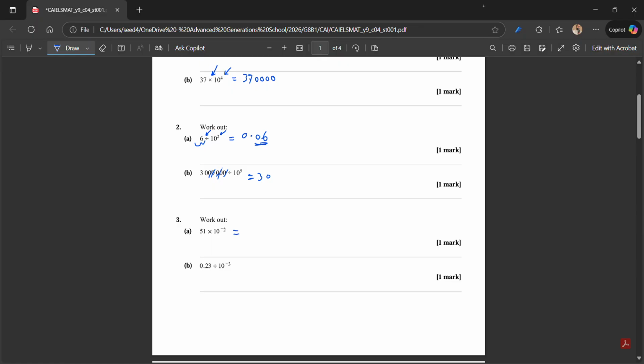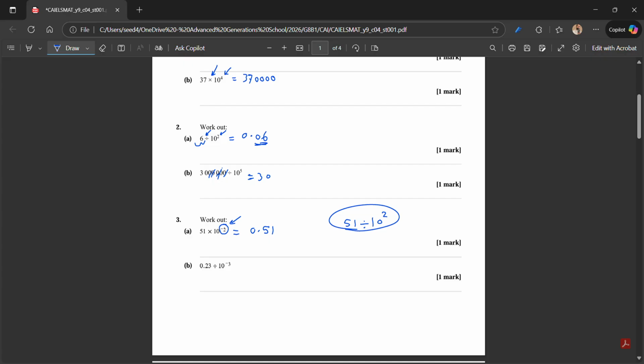But once it's a multiplication and the power here is negative, guys, it means we are going to move the decimal point to the left side, 2 digits. So the answer is 0.51. So guys, this is exactly the same as 51 divided by 10 power 2. Same exactly as this one.